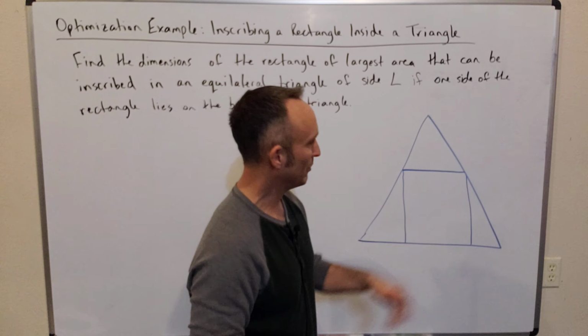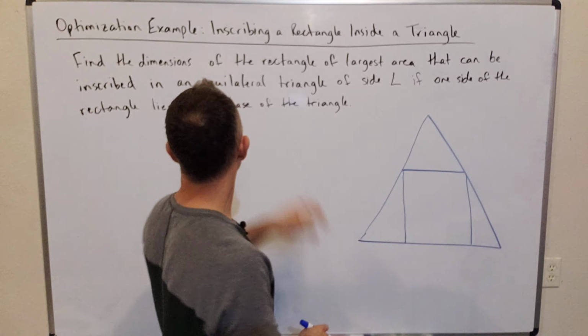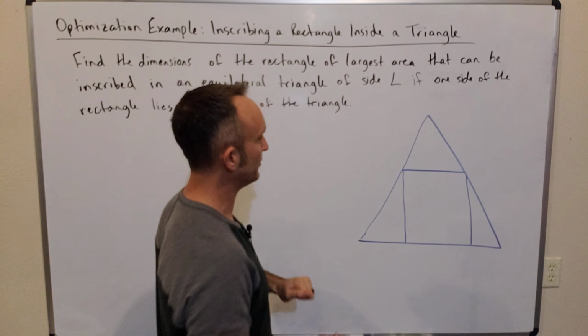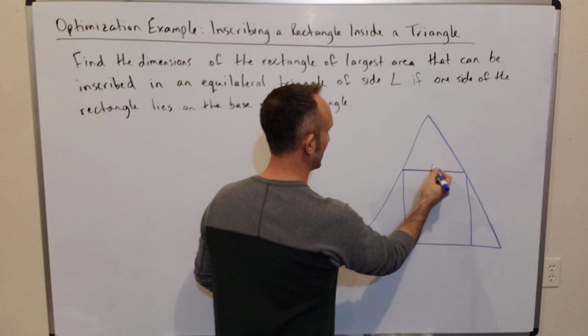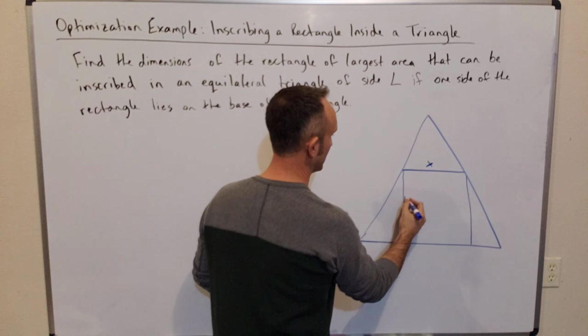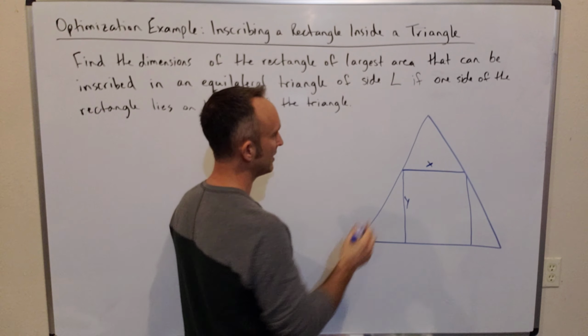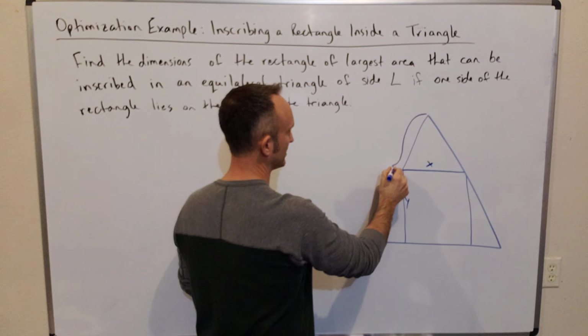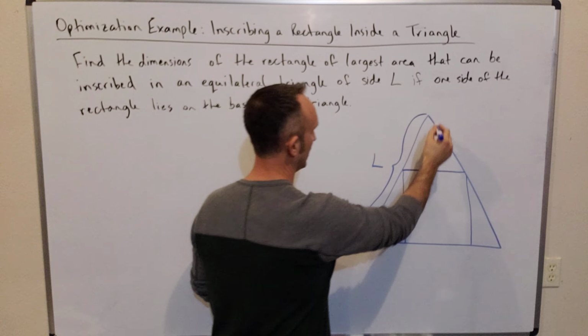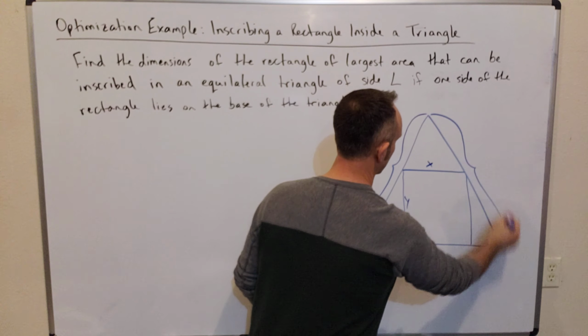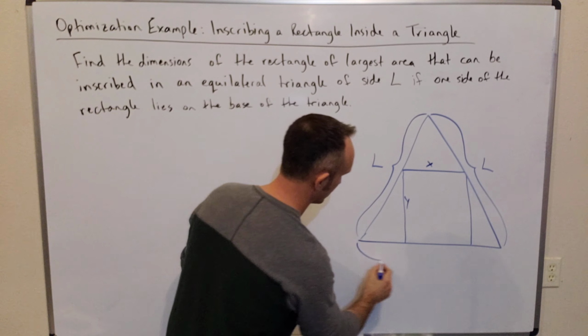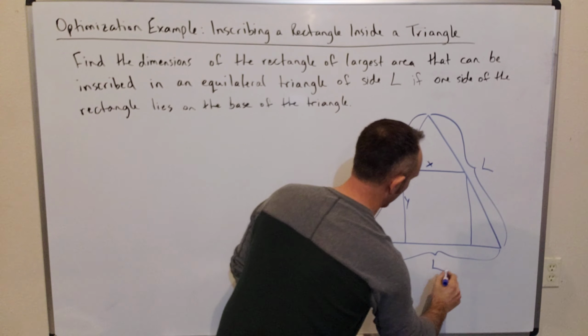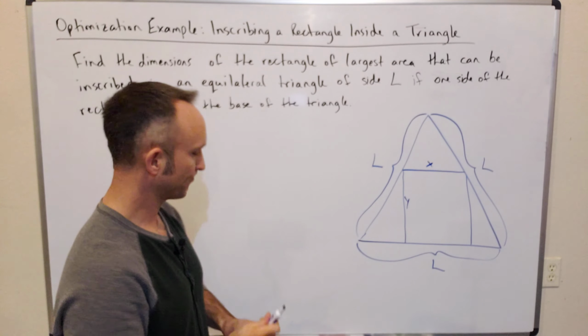So this is our rectangle. We want to maximize the area of that, and we're asked for the dimensions of the rectangle. So maybe let's go ahead and call this length X and this length Y. Let's indicate that the lengths of the sides of the triangle are all L. And that's what we're given, okay?